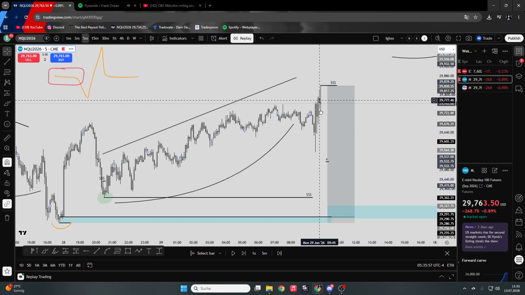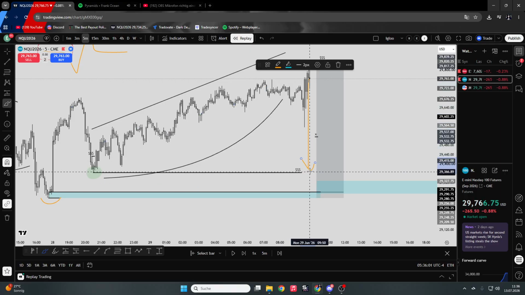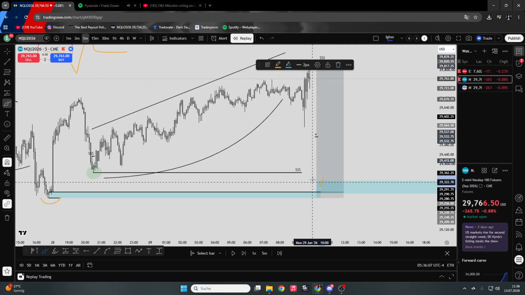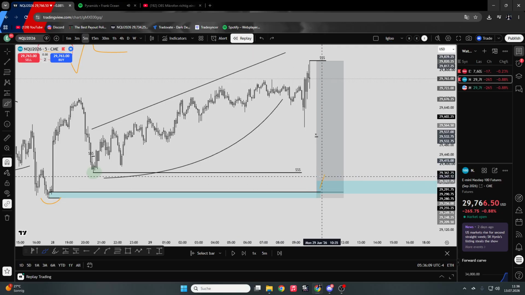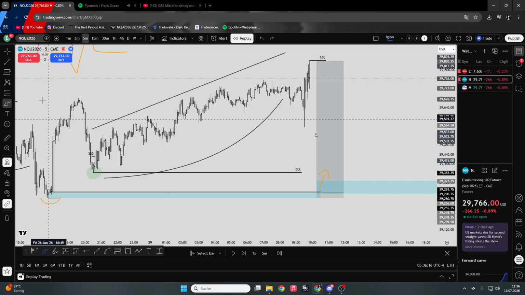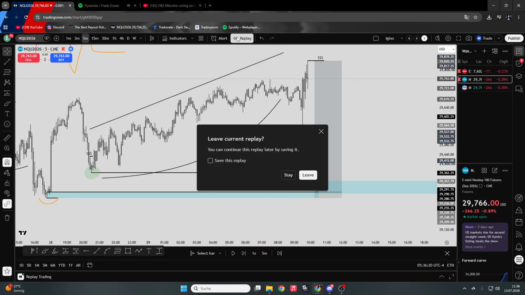Right after taking this, we start getting bullish order flow, or bullish candles, however you want to call it, then you can be sure that this is protected and we're not going to take this. Should make sense to everyone.